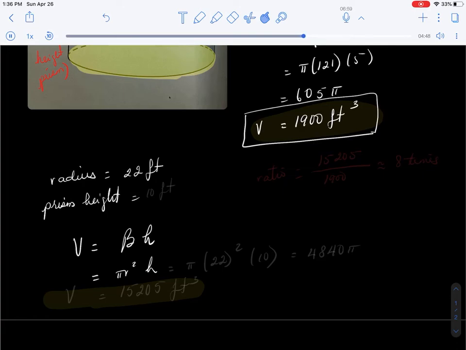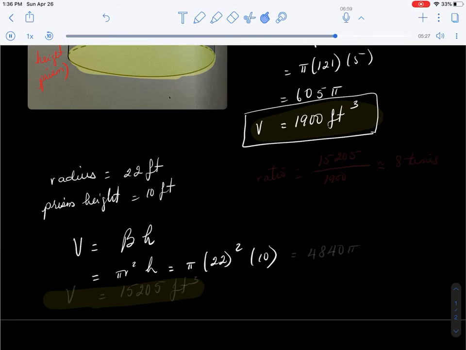Let me copy this and paste it here. Oh, let me do this. No, let me do this. It's going to give me pi times 22 squared. Oh, hold on. Let me change this. That's going to change to a 10.